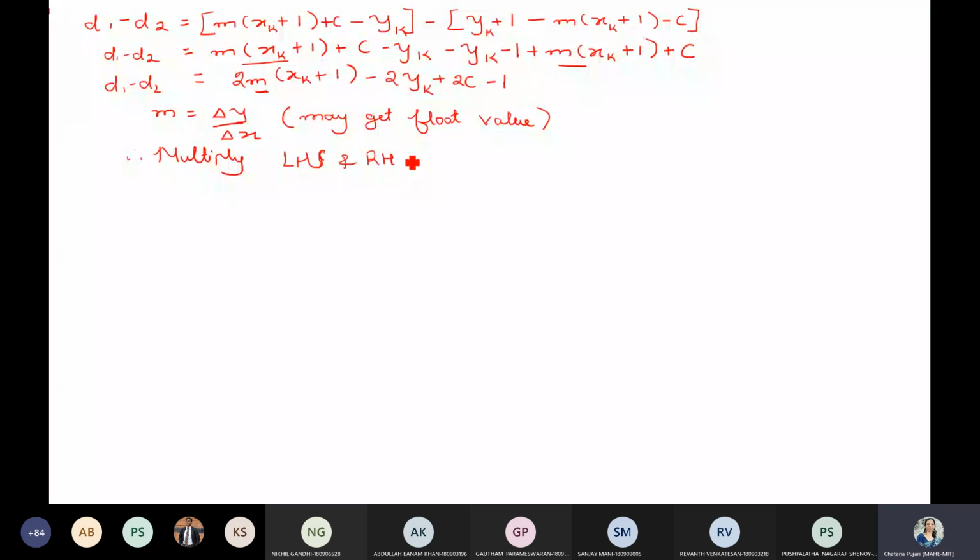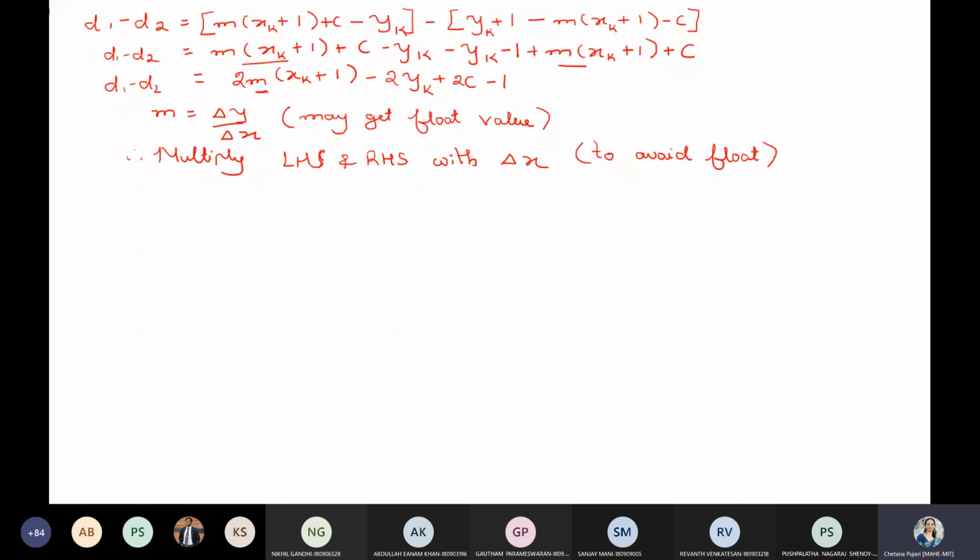Okay, we are going to multiply the left and the right hand side with delta x because you want to avoid a fraction. Okay, I'll go slow. So if you have any difficulty, please ask.